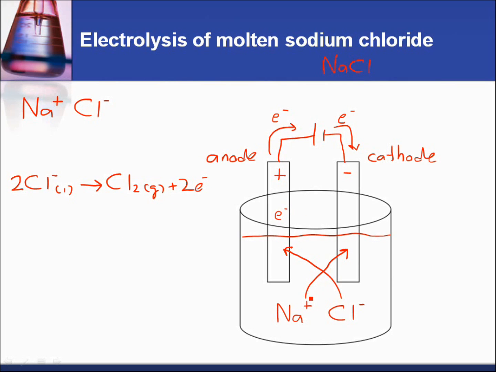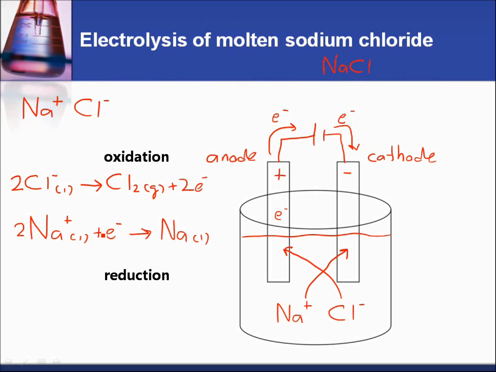Now the sodium is positively charged, so it's attracted to the cathode, where it's going to gain an electron and be reduced. Okay, so we've got a redox reaction, and we're going to make Na (l). Now, of course, it's not balanced for electrons, so we can put a 2 there, a 2 there, and a 2 there.